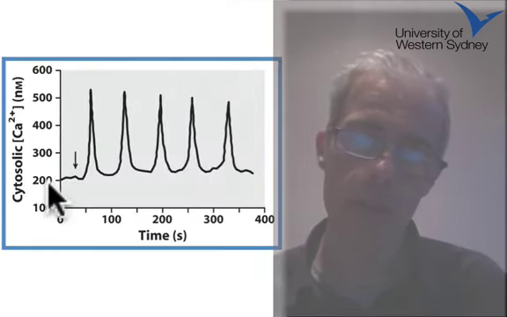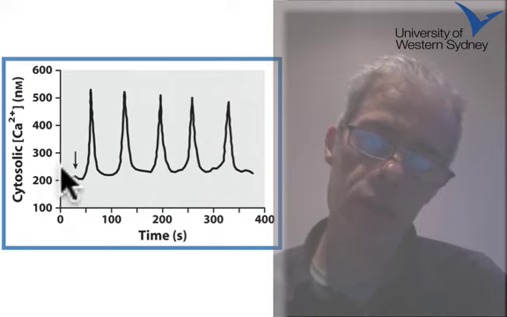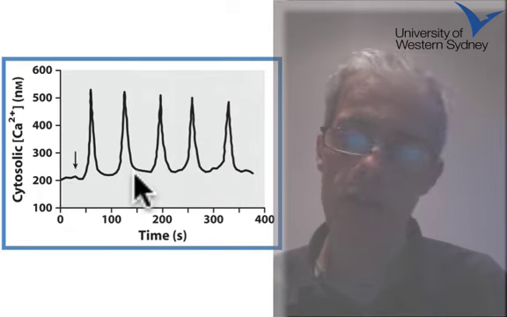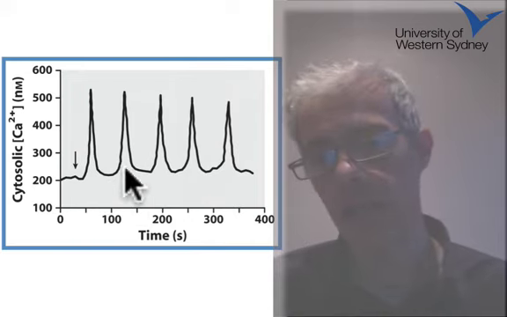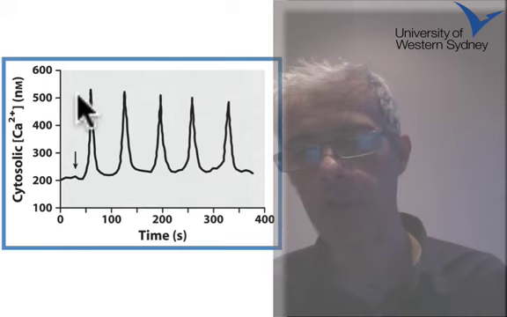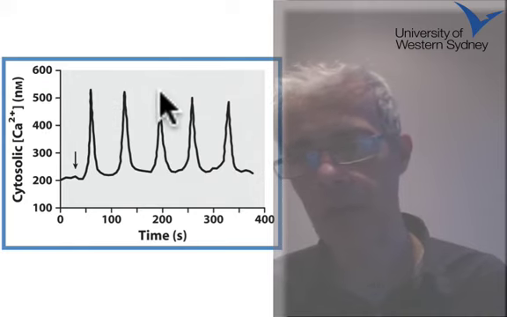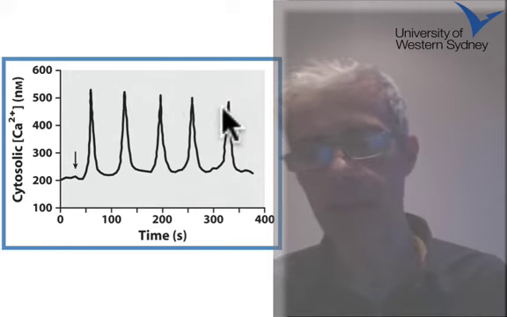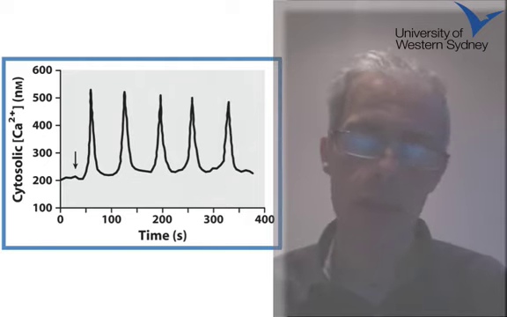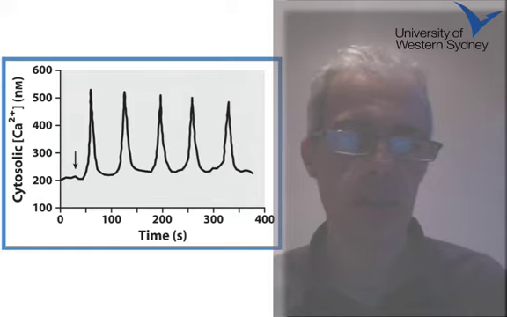This is just some measurements of the fluctuations in calcium ion concentrations over time, and you can see here that there's a frequency of oscillation, and also an amplitude of oscillation. It's either the amplitude or the frequency or both that is important in cell signaling.